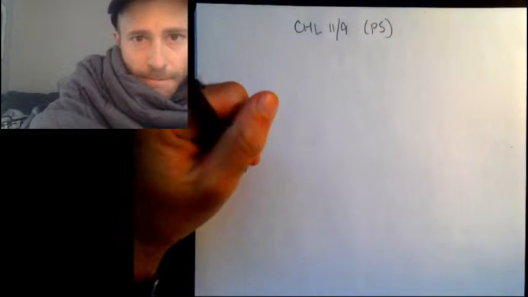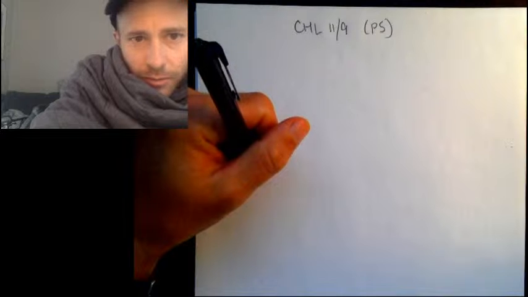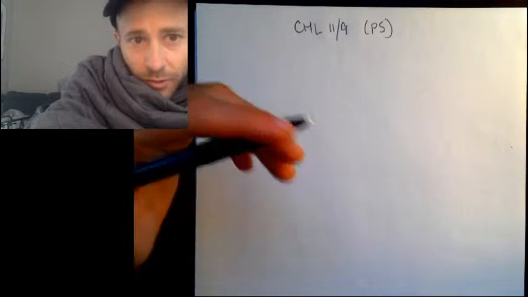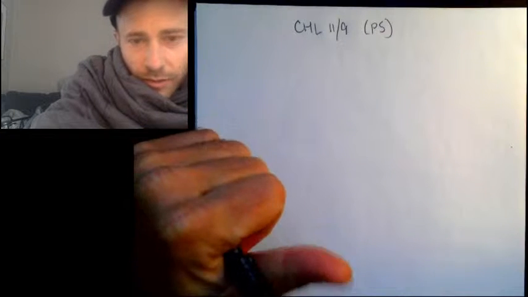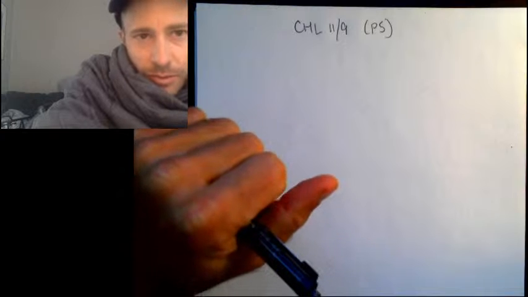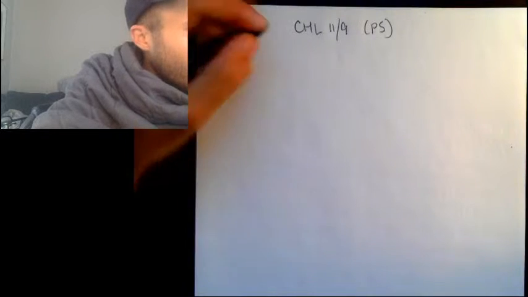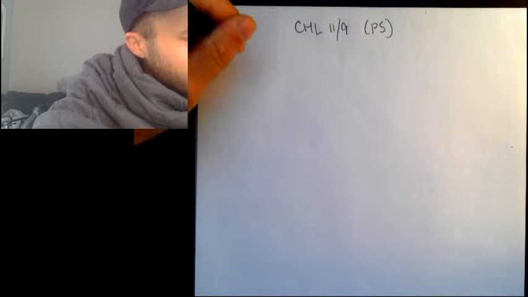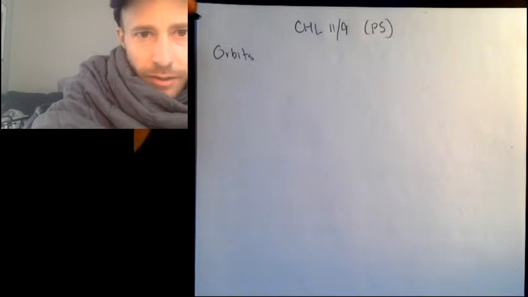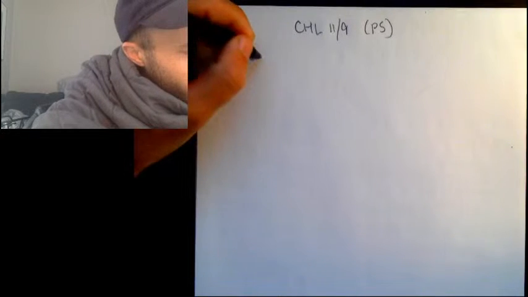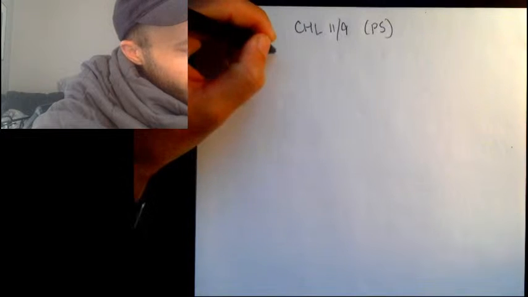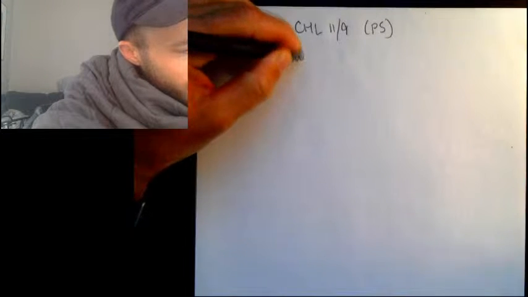So, today's lesson is going to be about two things. First of all, orbits, and second of all, gravitational potential energy. Okay? So let's talk about orbits first. In particular, we are going to talk about circular orbits.